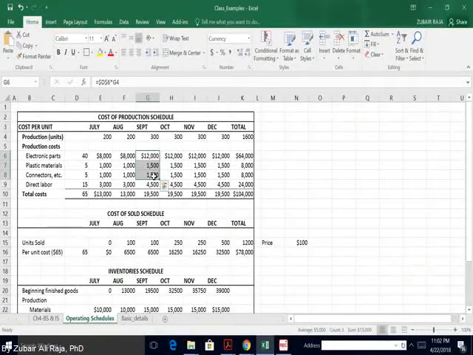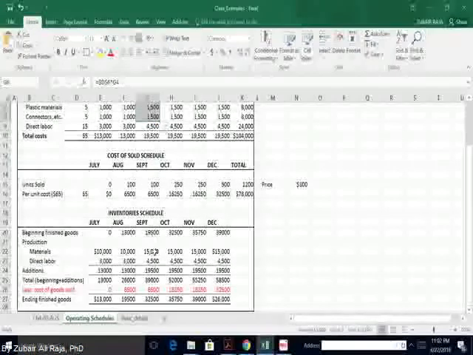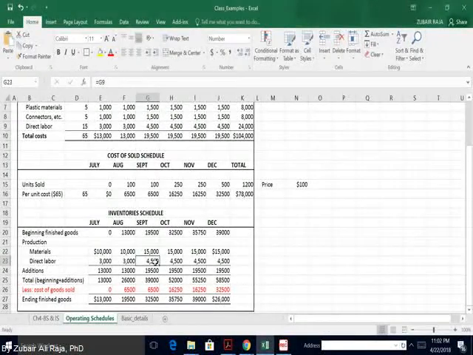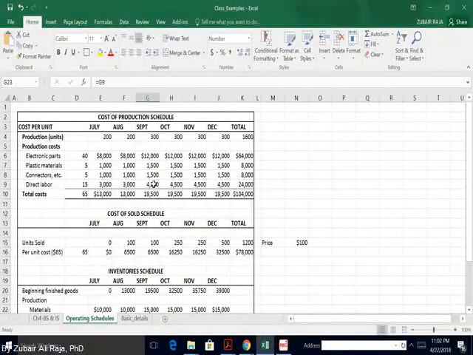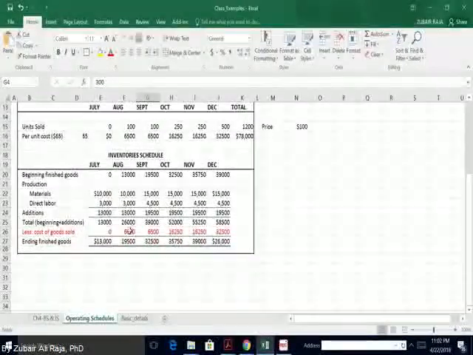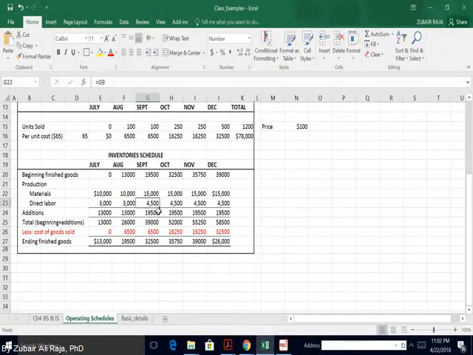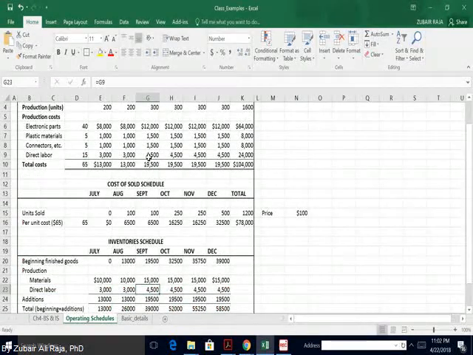Then connectors were worth $1,500. So if you add them together, this 15,000 will come over here. And direct labor was 4,500 in order to produce 300 scanners in the month of September. So this is going to be 4,500 over here, the same number which is coming from this cell.